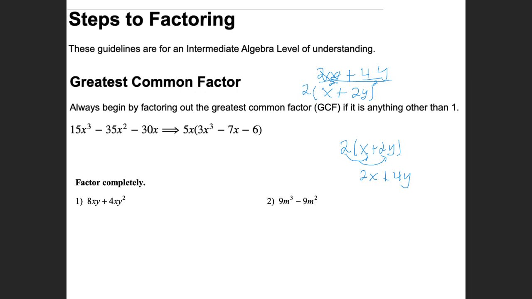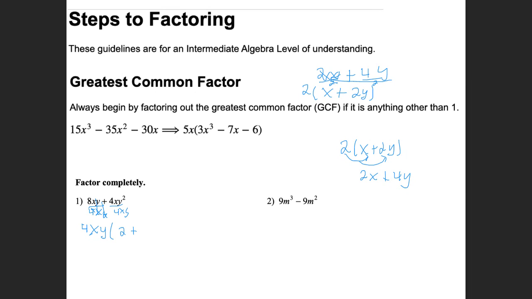Now in this problem here, I've got 8xy, I've got 4xy squared. Well, the greatest common factor is 4xy. So if I divide that out of here, 4xy and a 4xy, I'm left with 2, because 8 divided by 4 is 2. The x's are gone and the y's are gone. So all I'm left with is 2 here.